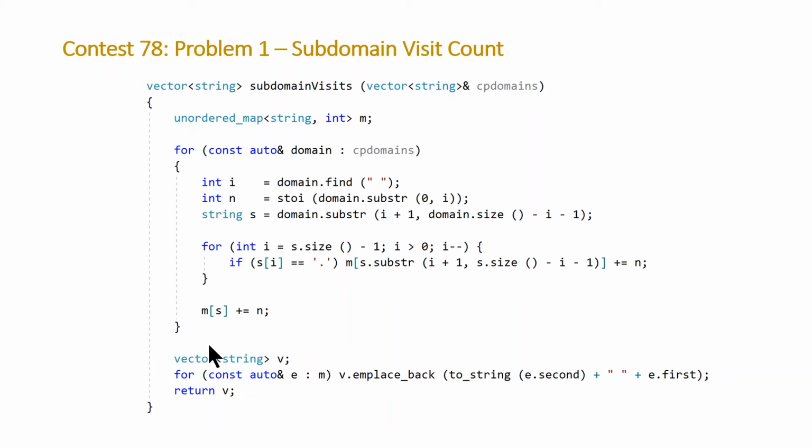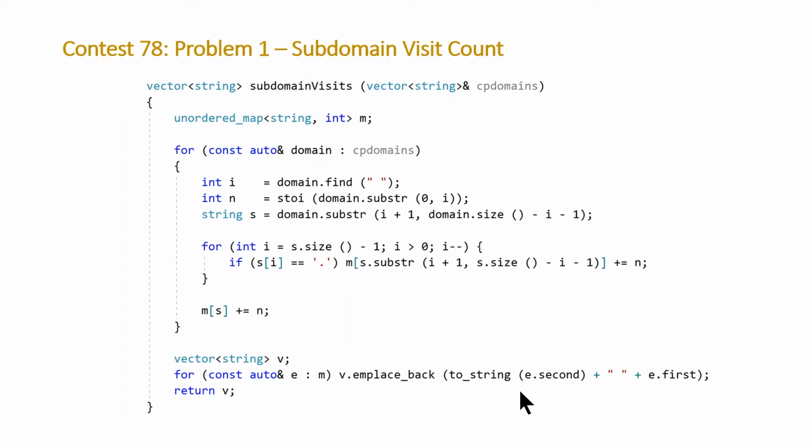And at the end, all we're going to do is convert our hash map into a vector of strings, and we're going to do that by looping through all the pairs in our map, and then emplacing back. It's better to use emplace in this situation versus push_back, because we're constructing a string, and we're going to use to_string to get our integer, which is the second in our pair, back to a string.